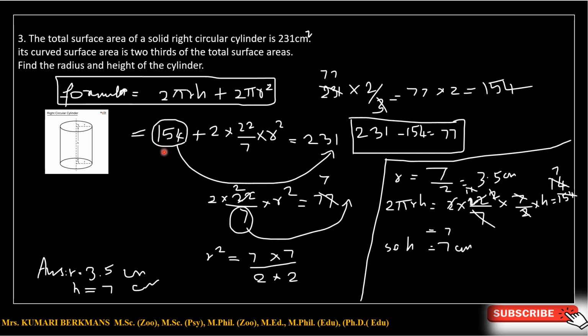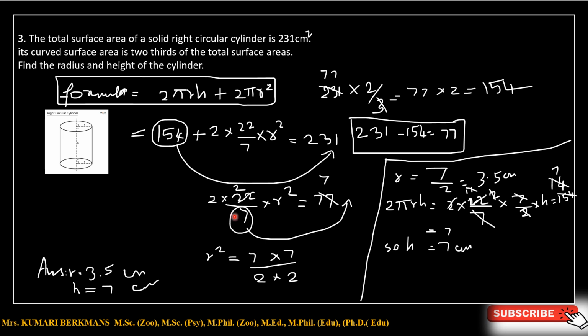Now let us take this value here, in the sense it is 231 minus 154, which is equal to 77. So the value for this is equal to 77 now. So 2 into 22 by 7 into r square is equal to 77.